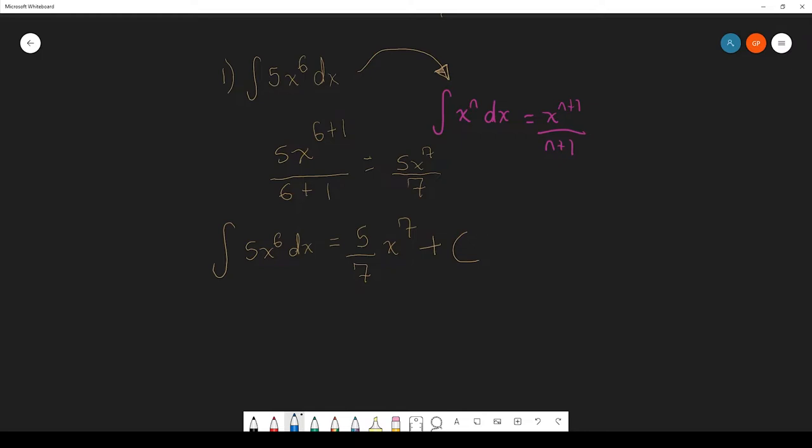There can be infinitely many constants because you can have a 1, a 2, a 3, and so on, but the derivative of that constant will always be 0. Therefore, when you take the derivative of this function, you will always get 5x to the 6, regardless of whatever constant you have. So you always need to add a plus c at the end.